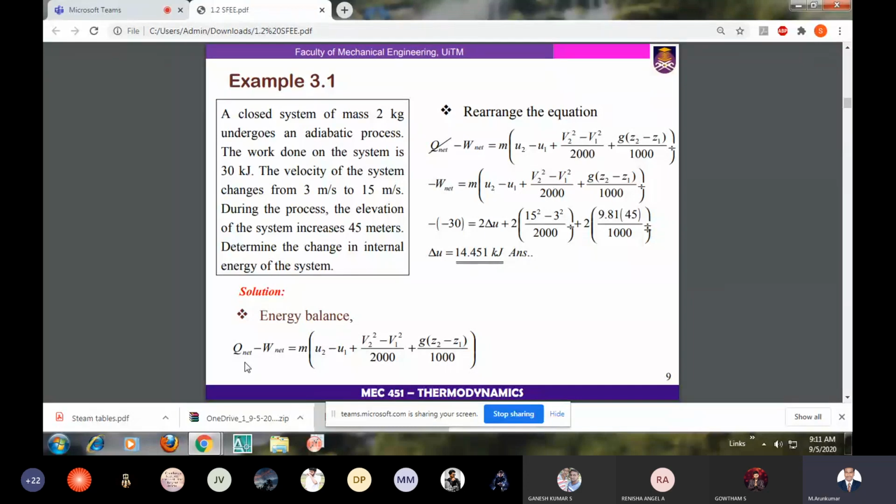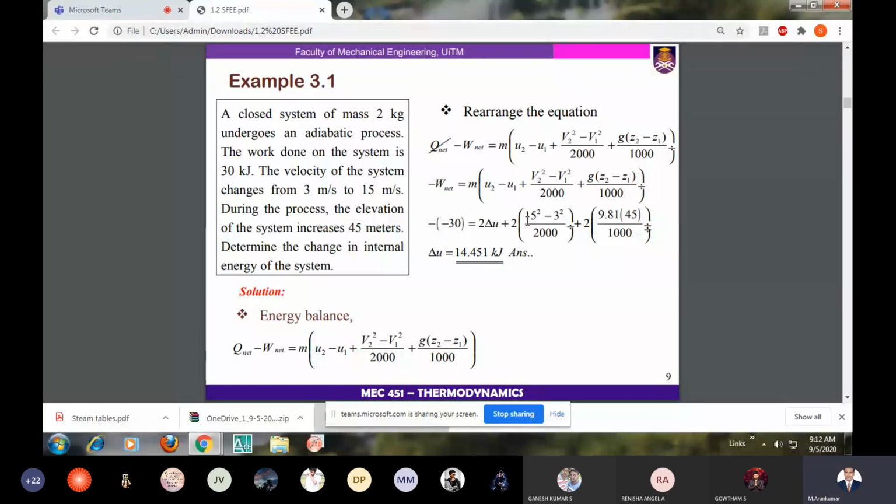For this closed system, we are not providing any heat transfer, so we can neglect Q. Work is done on the system, so we take that 30 kilojoule as negative.